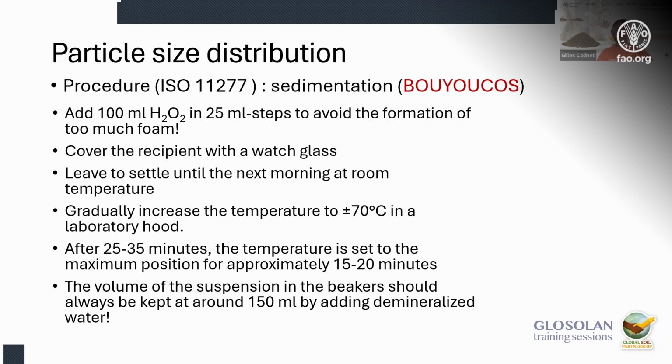According to the levels of organic matter, you can have a strong reaction and a lot of foam. There is a reaction where H2O2 oxidizes the organic matter. So you put your H2O2, you cover, and you leave it until the next day.